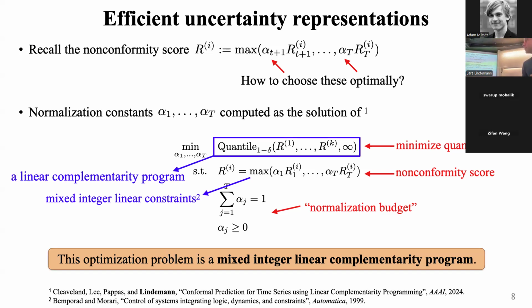The quantile you can rewrite as a linear program, which gives you a bi-level optimization problem. You have an inner linear program, and you can rewrite this with its KKT conditions, which will give you a linear complementarity program. You can also remove the integer constraints, and then think about how much more efficient it is and what kind of optimality you retain. We've done that, and you can take a look in the paper if you want.